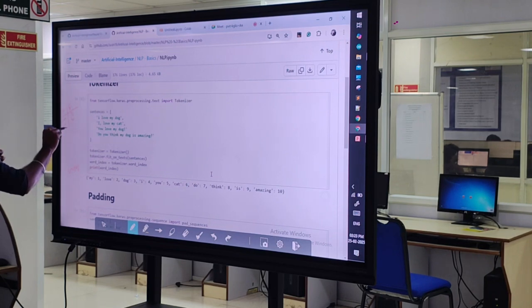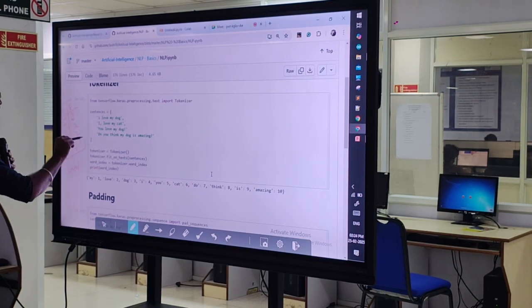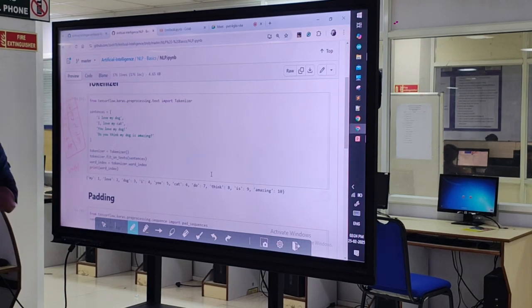I, 1, 2. You, 1, 2. Dog, 1, 2, 3. So this is how your NLP techniques will understand the data.